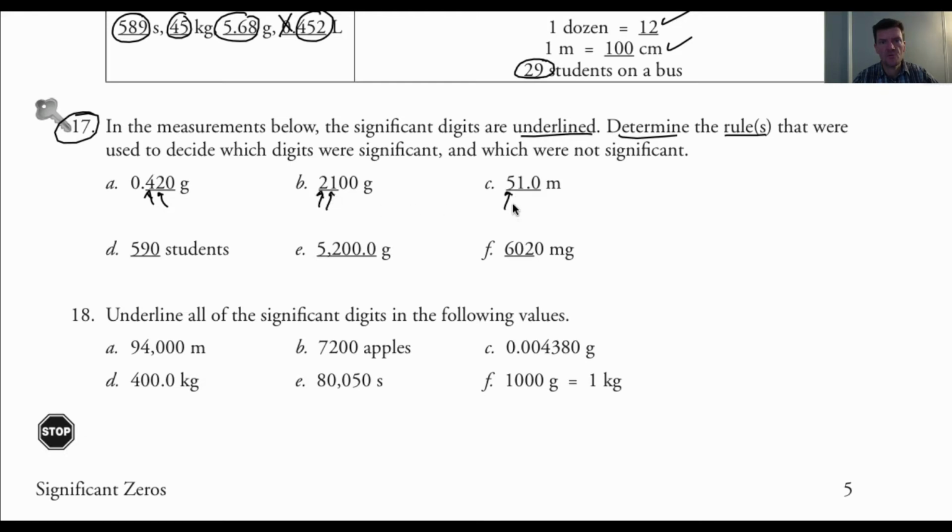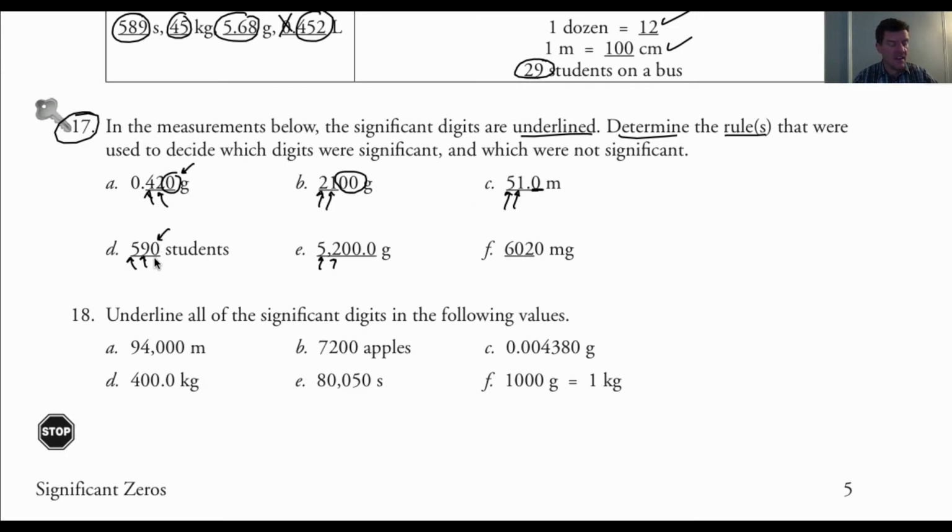So that's one of the rules. In this case, you have a 0 that is to the right of the decimal point and at the end, and therefore that 0 is significant. Here you've got zeros that are just placeholders, not significant. Here you have a 0 to the right of the decimal point at the end. This one is significant.